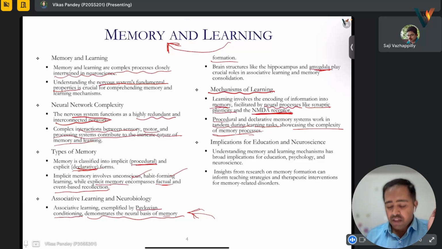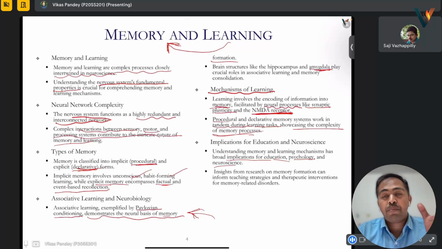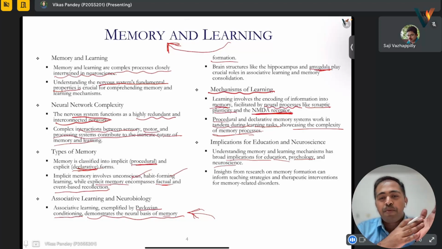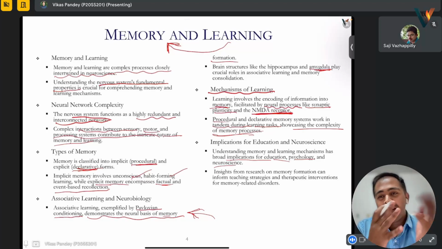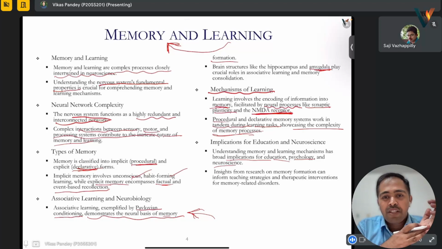understanding memory and learning mechanisms has broad implications for education, psychology, and neuroscience. So nowadays, you must have seen that there are proper ways of how you should teach your kids so that they develop good skills, their memory will increase, and these things. So that also is an advantage.